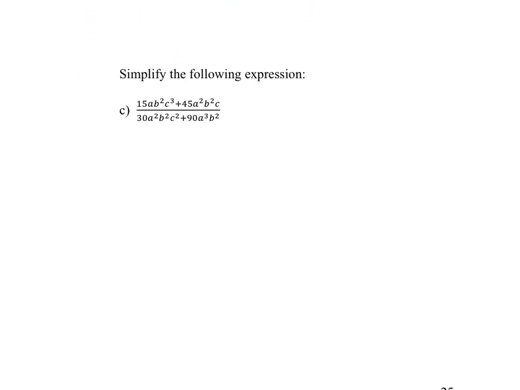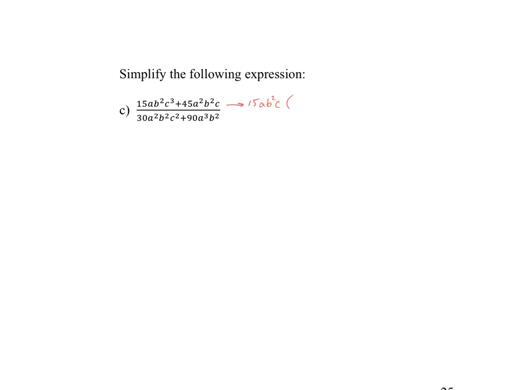We do have two binomials here, and we're looking for a GCF in my numerator. I think I have a 15 and a 45, so the number will be 15. I'll take as many A's as I can, as many B's and as many C's as I can from my numerator. So when I rewrite this, I'm going to write it as 15A B squared C. And that's because I can take at least that much from each of those terms.